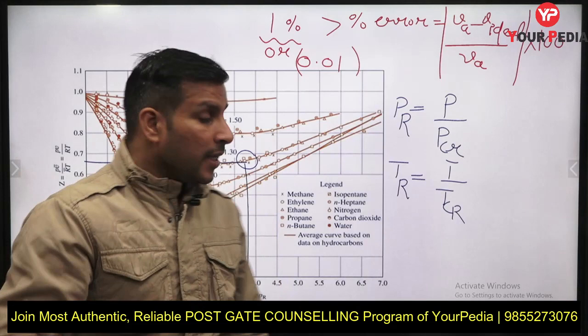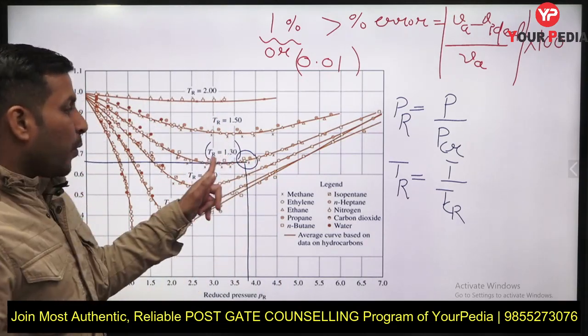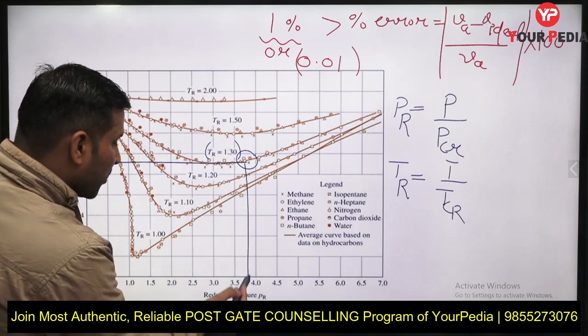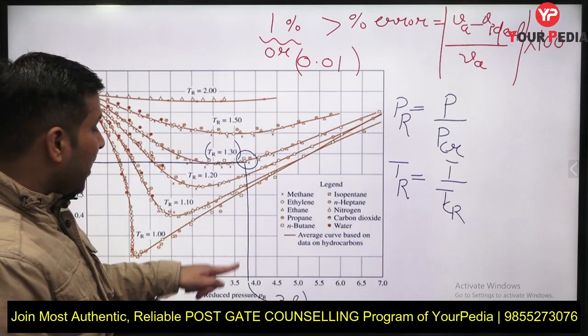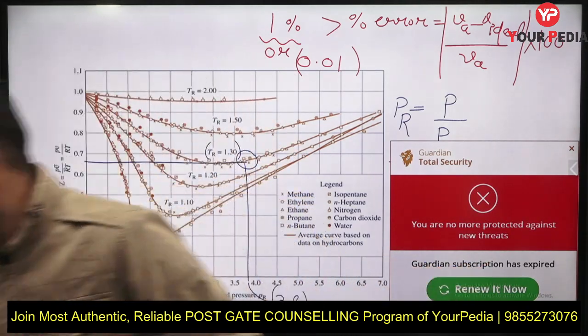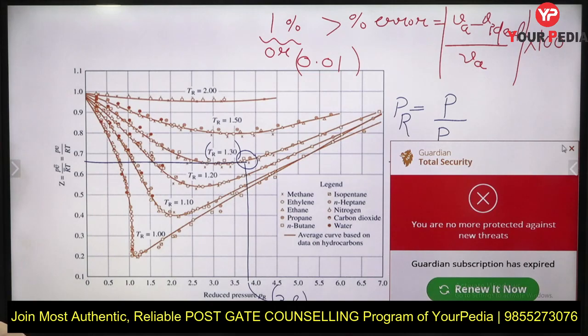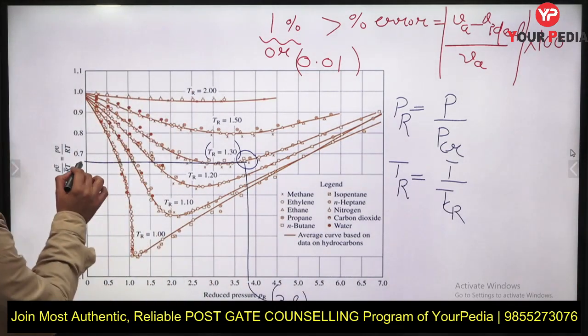But what is common, guys? These gases are at the same reduced temperature, 1.3. This is the reduced pressure, which is close to 3.8. So I am considering these gases at the same reduced pressure and the same reduced temperature. At that condition, their Z also comes out almost the same.